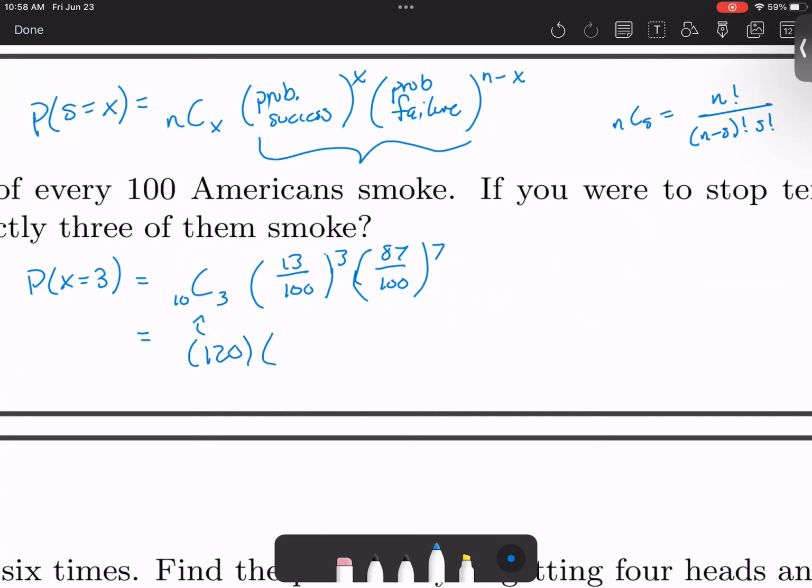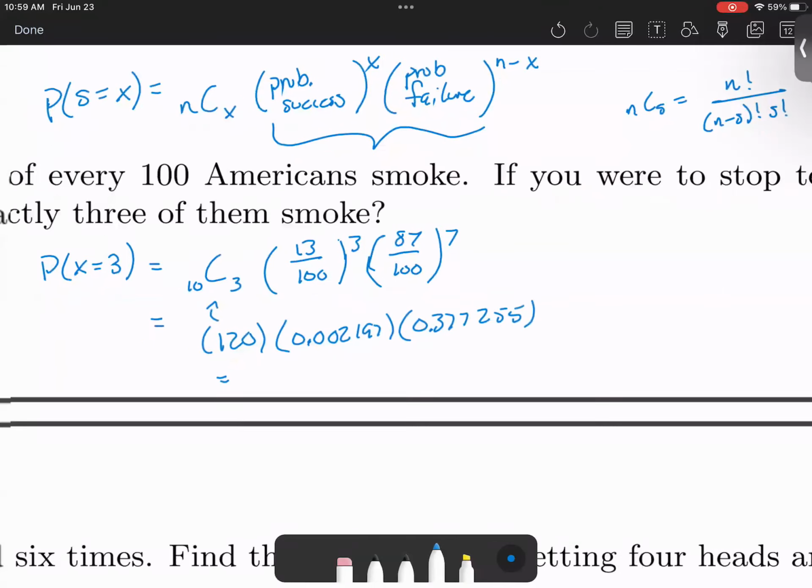And then 13 divided by 100 and then cubed gives us about 0.002197. And the non-smokers happening 7 times. So 87 divided by 100, and then to the 7th is 0.377255.